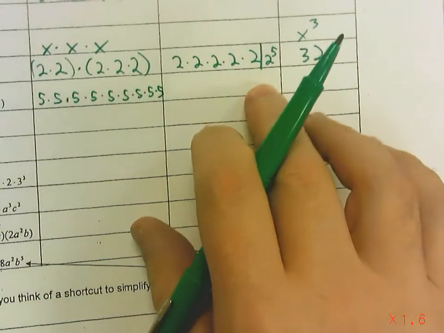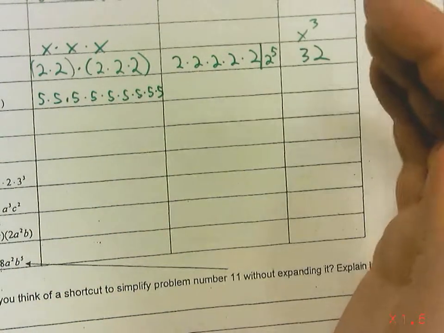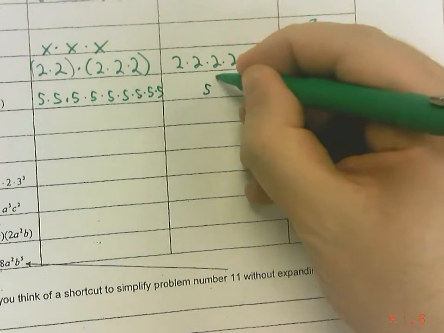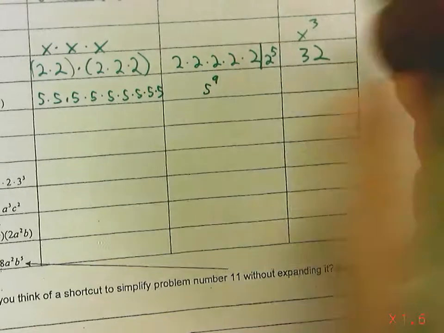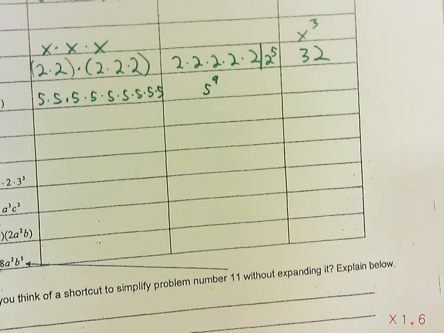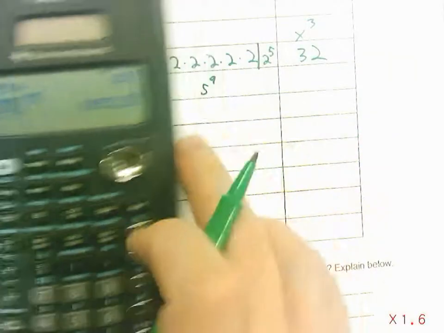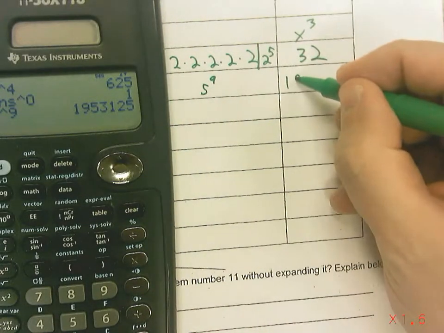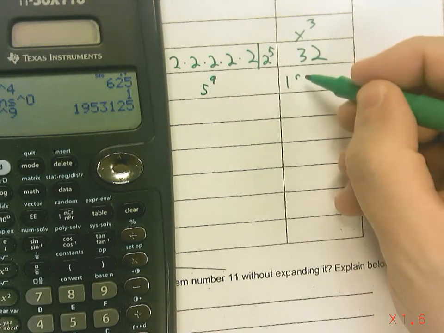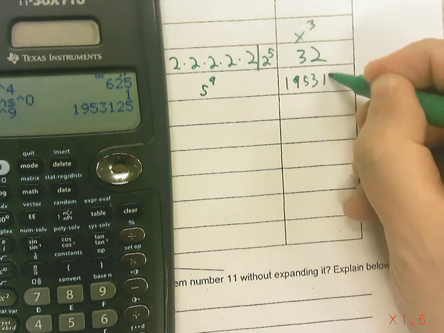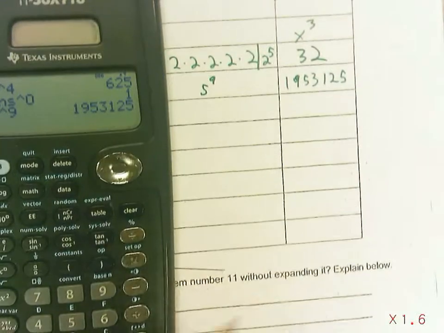I have 9 5s multiplying by themselves, which means if I were to simplify that to an exponent, it would be 5 to the 9th power. It's going to be a big number, so let me put it in my calculator. Ooh, that is a big number. It is 1,953,125.